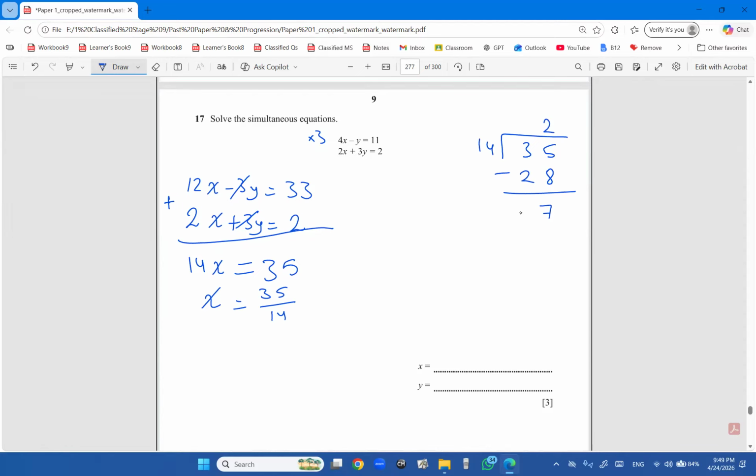I need a decimal point, so you put the point up and you bring the 0 down. 70. So you're going to find that it is 5 exactly. 14 goes into 70 five times. Done. So x equals 2.5.